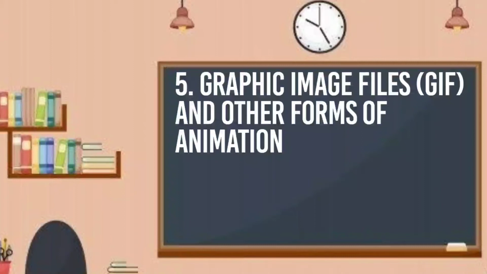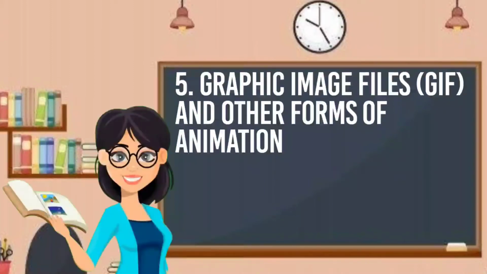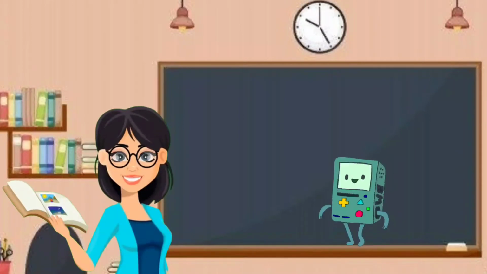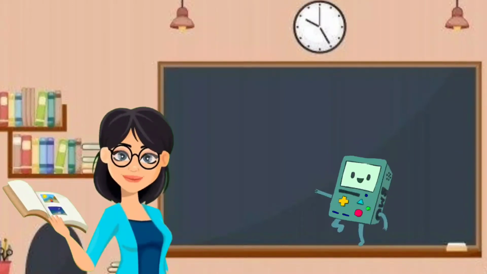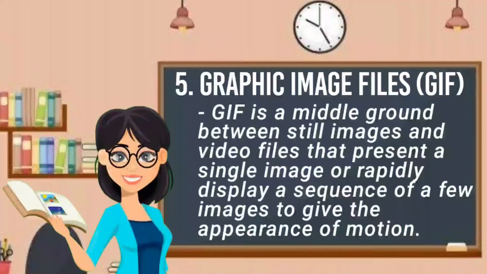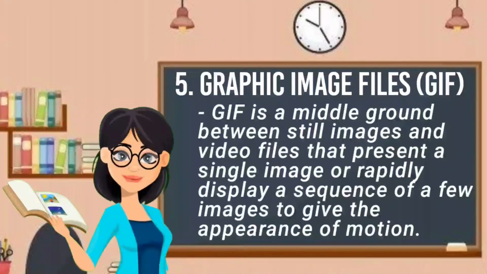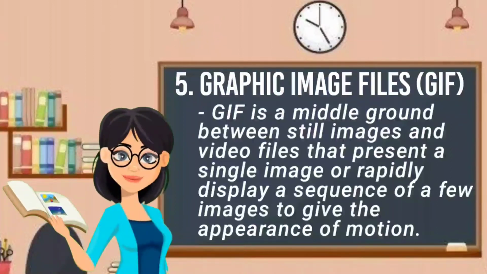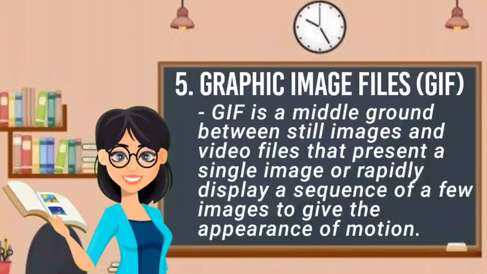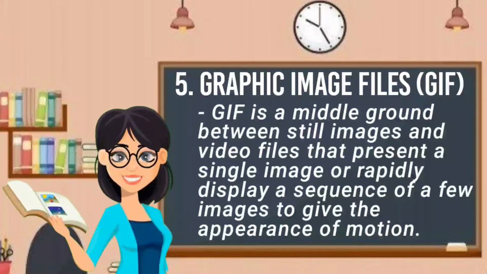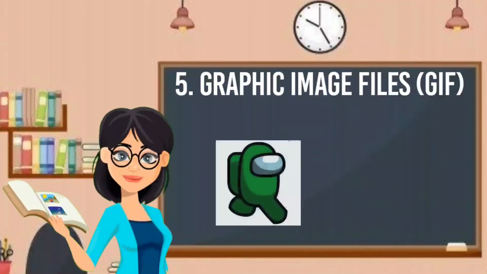Lastly, we have graphic image files or GIF and other forms of animation. The moving image we are seeing on the screen is an example of GIF. GIF is a middle ground between still images and video files that present a single image or rapidly display a sequence of a few images to give the appearance of motion. Here are some examples.